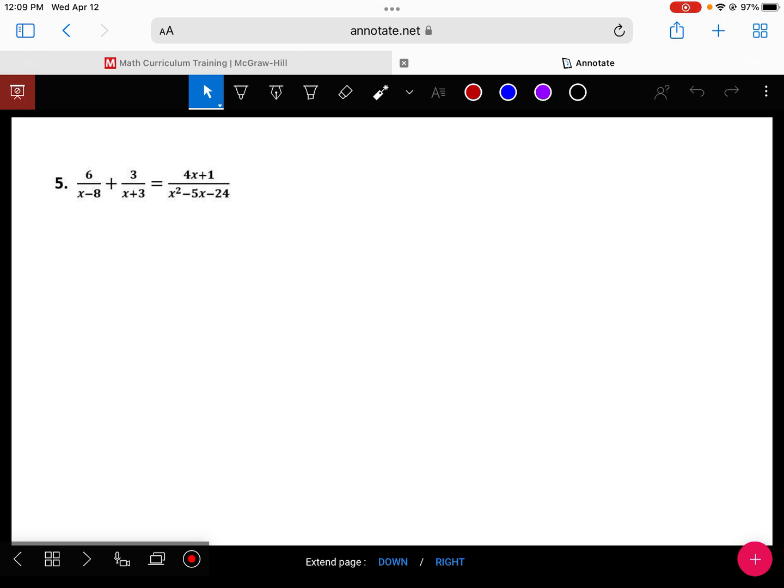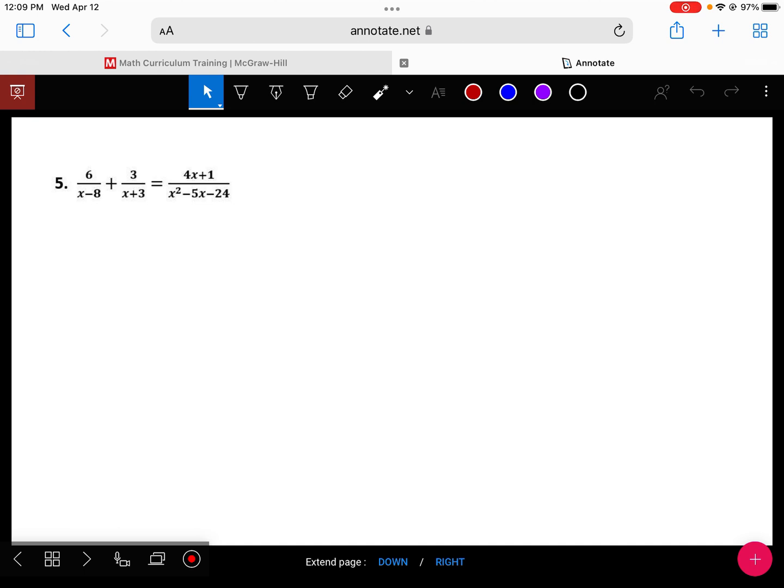All right. Let's see what I can do here. This problem was 6 over x minus 8, plus 3 over x plus 3, equals 4x plus 1 over x squared minus 5x minus 24.